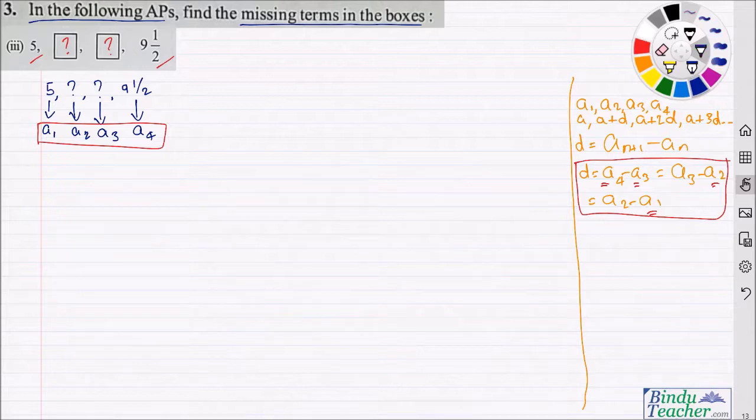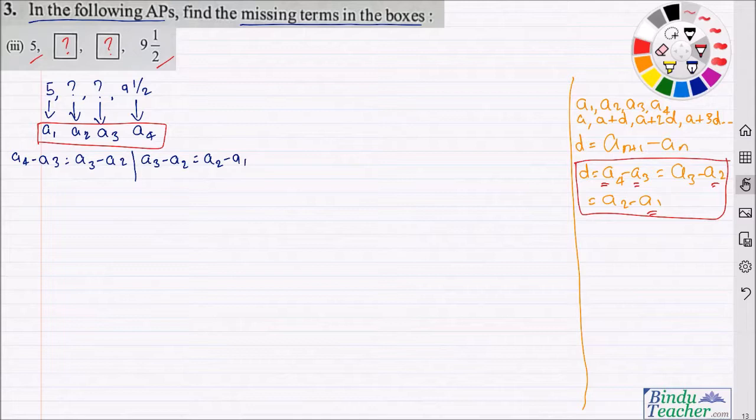So let's write this equation here. First we will write A4 minus A3 equals A3 minus A2. The next equation will be A3 minus A2 equals A2 minus A1.